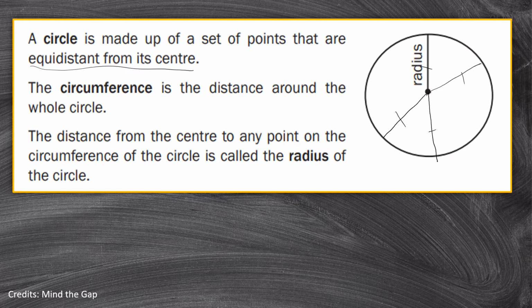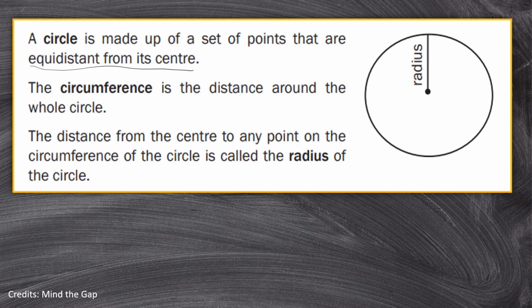That are always the same. Okay, so that's a circle. If you just have points that are equidistant from the center, we call that thing a what? A circle. And we know that a circumference is the distance around the whole circle.